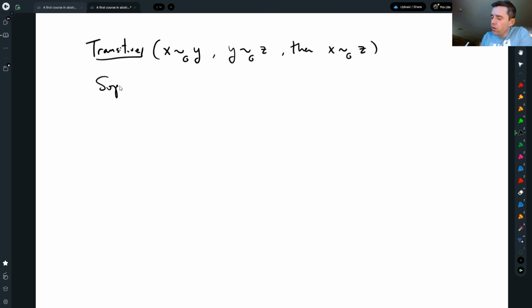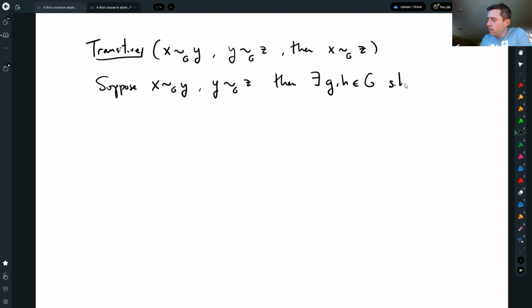So suppose that x is equivalent to y and y is equivalent to z, then there are some g and h in G such that x is g dot y and that y is some h dot z. Okay, and therefore I want to eventually get to x as something in terms of z, but I can do that because then I can simply plug in what y is.